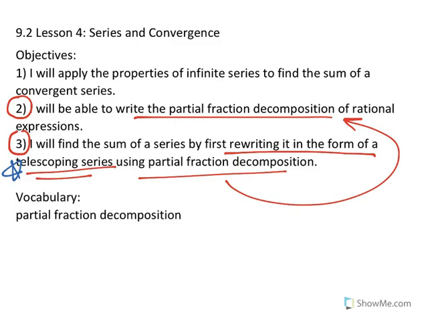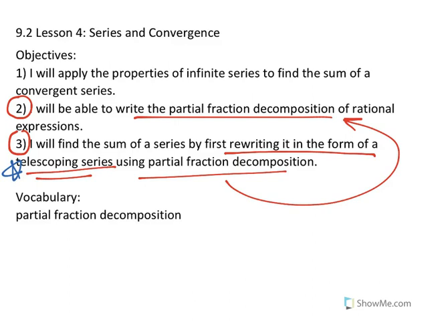We're going to take our series that we rewrote using partial fraction decomposition. We're going to look for a pattern in the partial sums, write a formula for the nth partial sum, and take the limit of the nth partial sum as n approaches infinity. And if that limit exists, the sequence of partial sums converges, and therefore, by definition, the infinite series will converge to the same sum. So we will conclude our lesson by doing that.